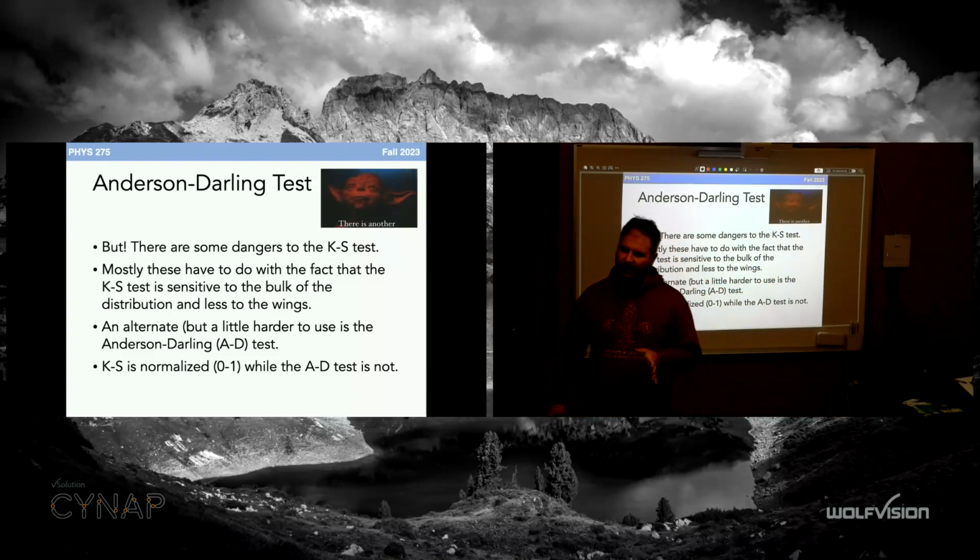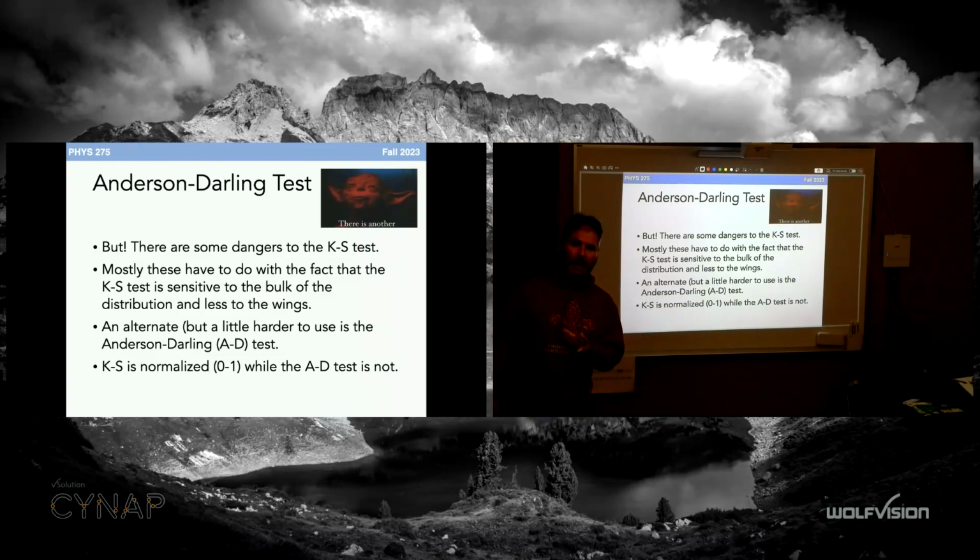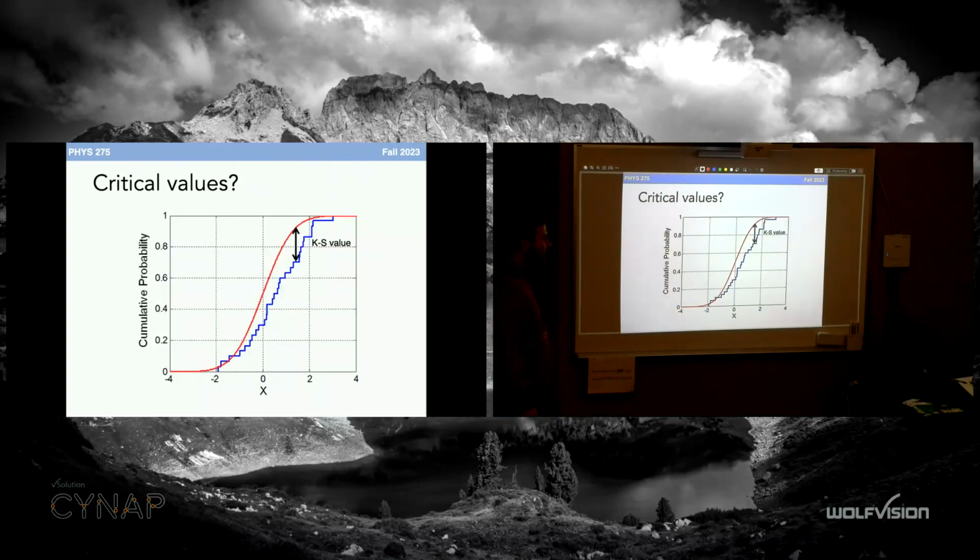So especially when you get a KS test and you have a p-value that's like 0.49, you go like, okay, we're dangerously close to 0.5. So let's have a look. Let's check with the Anderson-Darling test if it agrees with it. The critical value tells you how much gap there is. So the critical value essentially says this is the measure of gappiness.